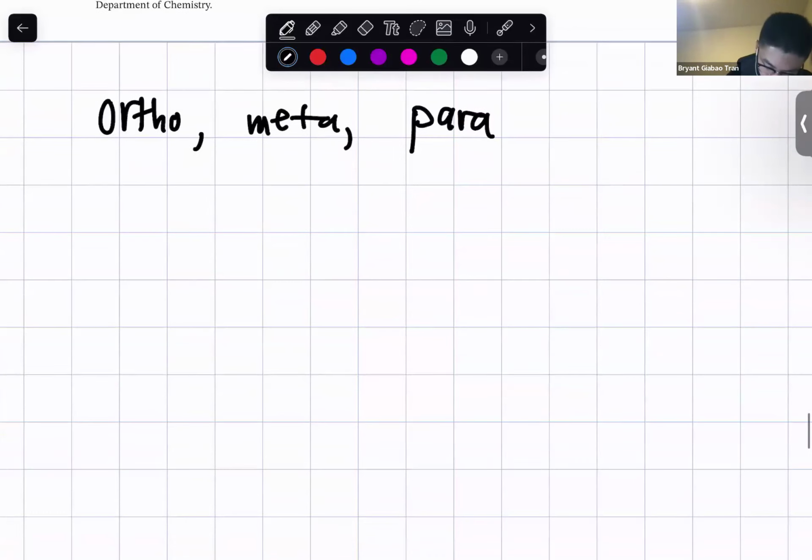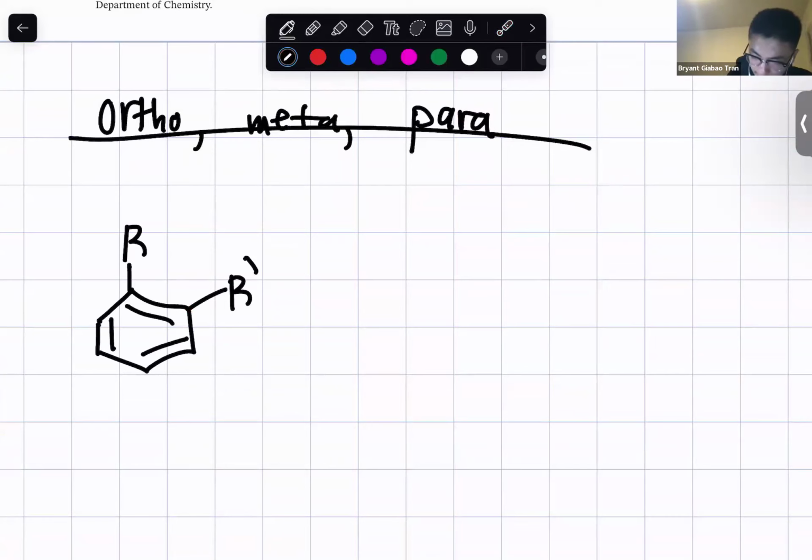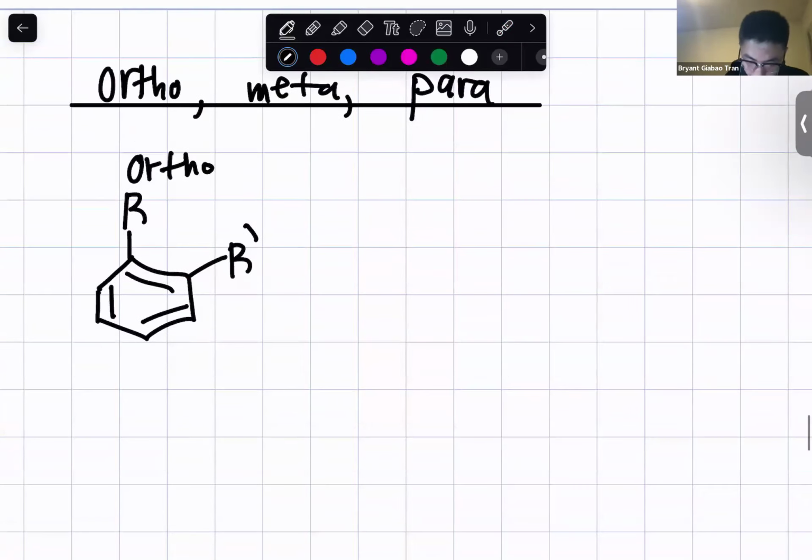So let's say we have a benzene ring like that, and we have an R group and another R prime group. If they are one carbon away from each other, this is going to be considered ortho to each other.